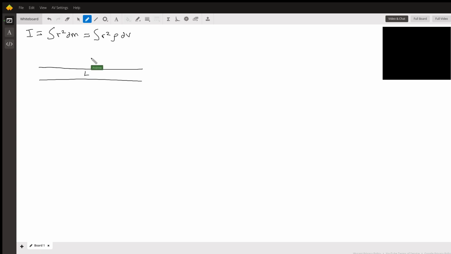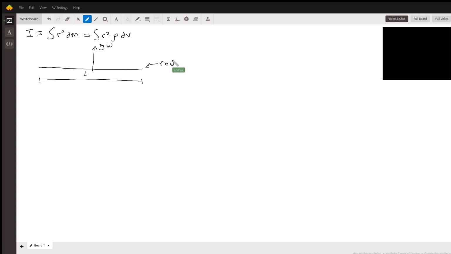Let's call this W. Does that sound good? So it's rotating around this vertical axis W, and we've got a length L rod here. So this is the rod.